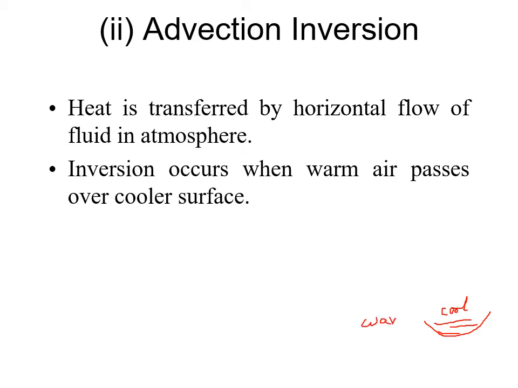So if this warm air or this warm atmosphere moves towards this aqueous condition, that is, moves towards the sea, then due to the cooling, the atmosphere over the sea, over the ocean, is cooler, and the warm air moves over these cool atmospheric gases.